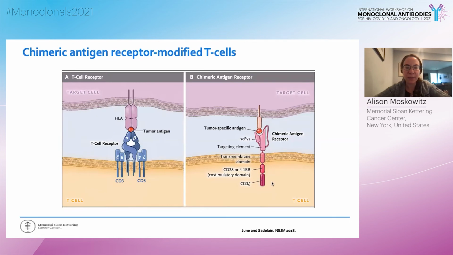It contains the CD3 signaling domain, but it also contains a co-stimulatory domain, which is derived from either CD28 or 41BB, which is important to ensure that this T cell is active and can act on the target cell. So these CAR-modified T cells are autologous cells. They're T cells that are collected from patients, modified to express this chimeric antigen receptor, and then infused back into patients so that they target the tumor cells.